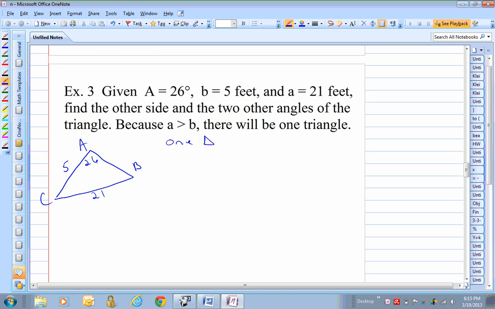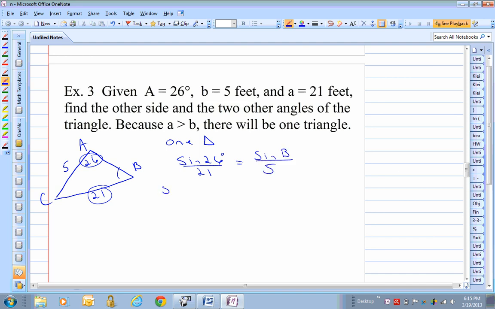All right, let's find out the missing information. Let's find angle B. To do that, we have a side-angle comparison we can use. So we can say sine 26 degrees over 21 equals sine B over 5.